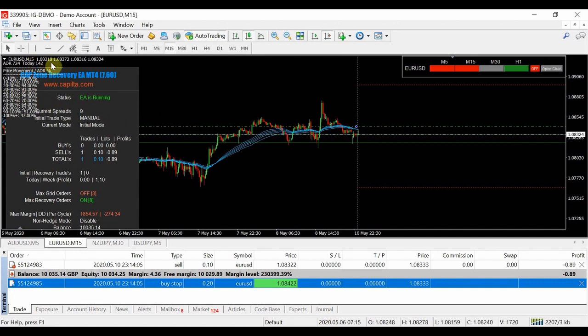As you can see, it's already done 14 points with this little spike up and then back down again. But it's now back to where it left off last Friday. That's why I've done the box at 10 points, mainly for that particular reason.